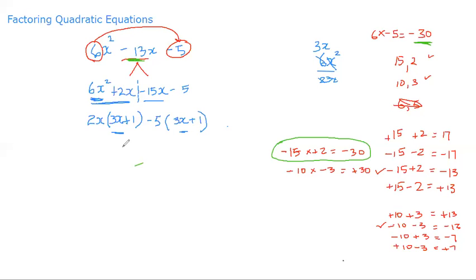All right, nice. So I get 3x, and then 2x plus 5 that remains.